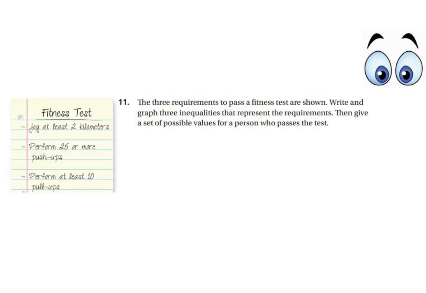For number 11, the 3 requirements to pass a fitness test are shown. Write and graph 3 inequalities that represent the requirements, then give a set of possible values for a person who passes the test. So, jog at least 2 kilometers. At least is the key word here, and at least means greater than or equal to 2.